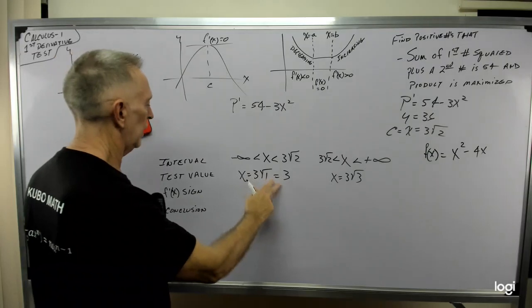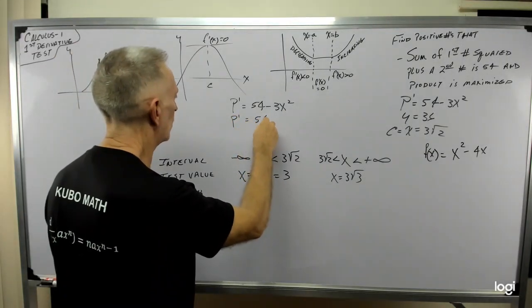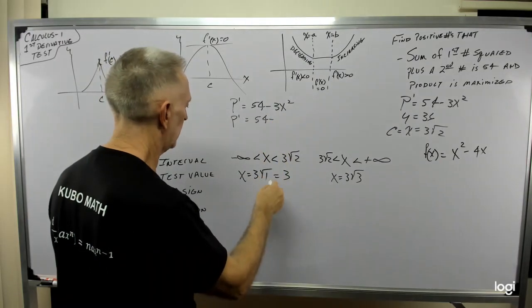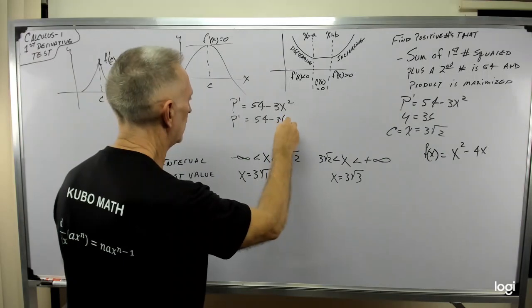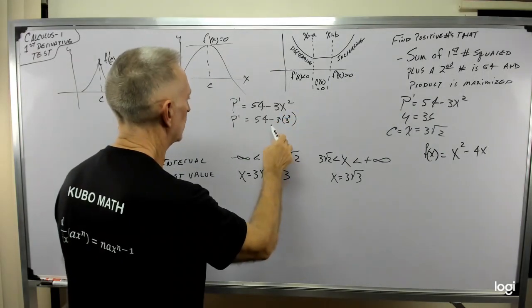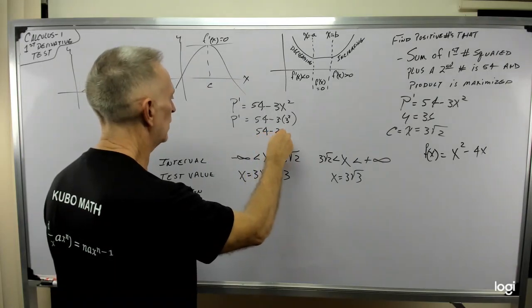So now we have x equals 3. So p prime equals 54 minus 3 times 3 squared. 3 times 3 is 9, times 3 is 27, 54 minus 27.